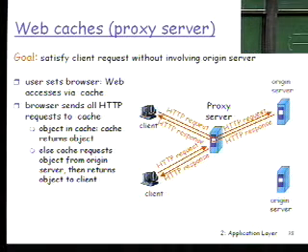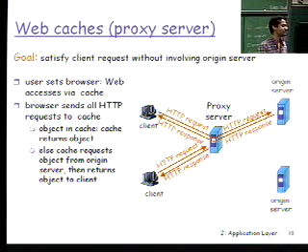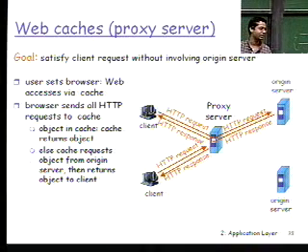The basic idea of caches is to move the information as close as possible to a client to reduce latency, to reduce bandwidth related delays. Another idea of using caches is that it can reduce the load on the web server.